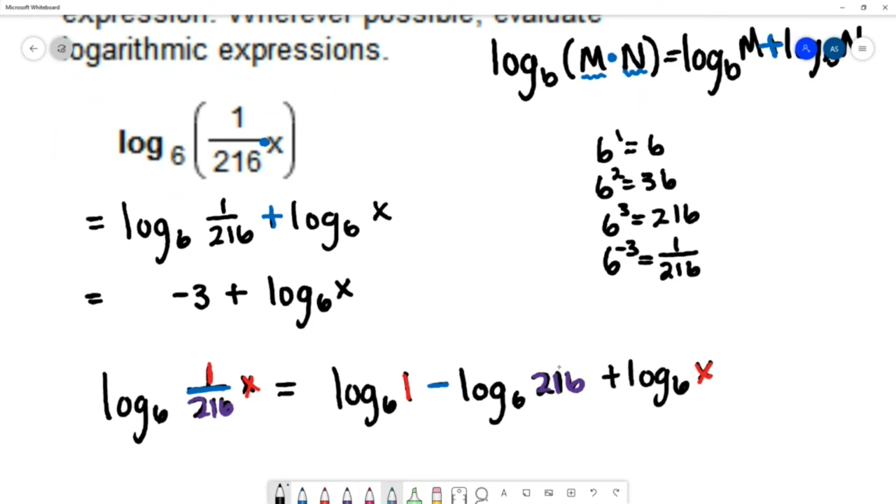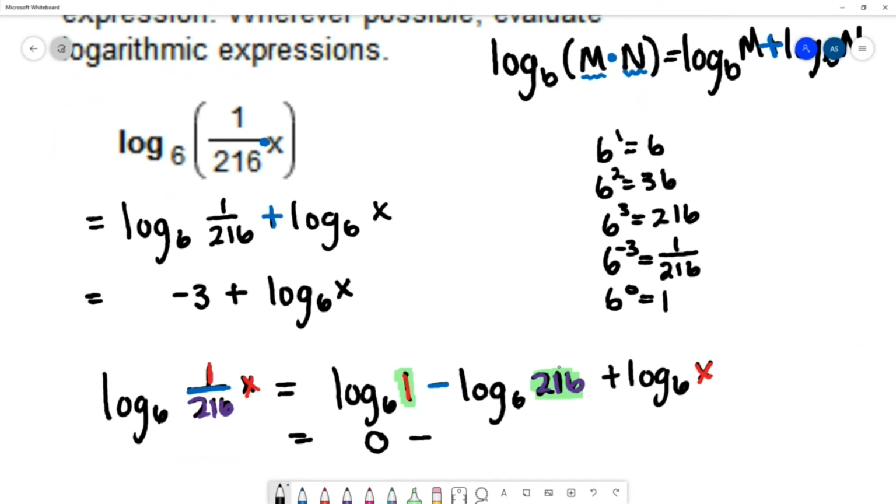Then both this log and this log are logs of numbers, so we want to try to simplify them. 6 to the 0 power is 1, so log base 6 of 1 is going to be 0.